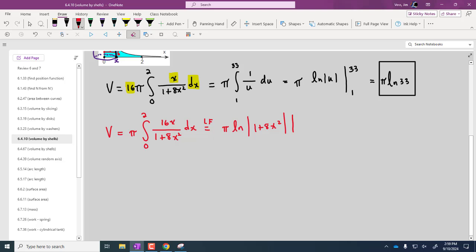These limits are still x limits from 0 to 2. So this would be pi times, plugging in 2, it's going to give natural log of 33, minus natural log of 1. And so we're going to end up with the same answer. And that's totally fine to use log form. Just do that so I know you know.